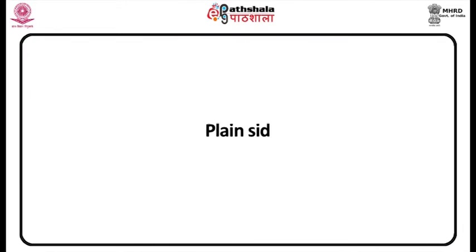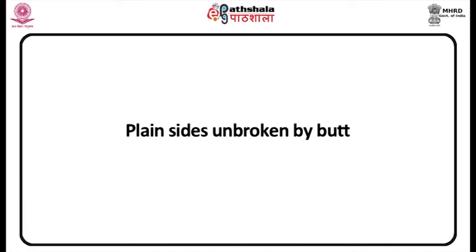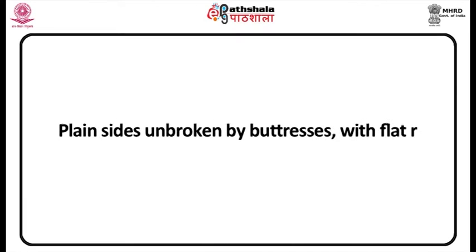The Italians always preferred the square tower to the spire and in most cases treated it as an independent campanile. These square towers were usually built with plain sides unbroken by buttresses and terminated in a flat roof or a low and inconspicuous cone or pyramid.